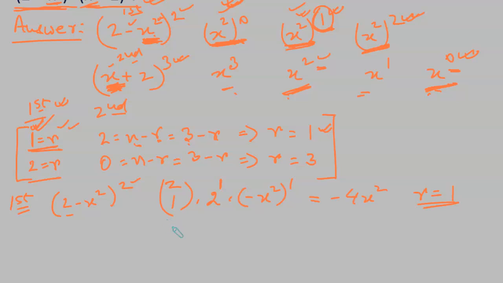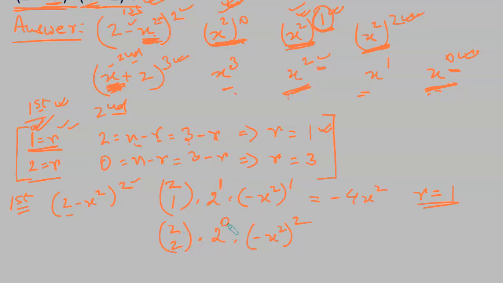And when r is equal to 2, it is 2C2, 2 raised to the power of 2 minus 2, which is equal to 0, and negative x square raised to the power of 2. And what did I say? What is the value of nCn? It is equal to 1.